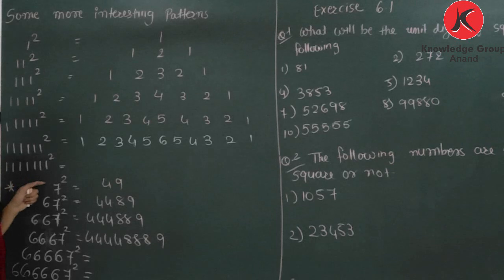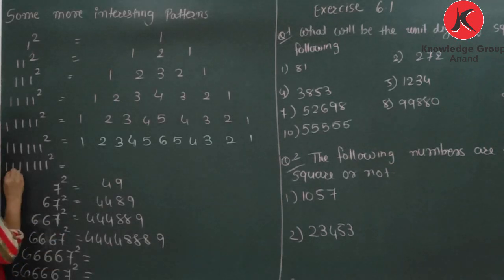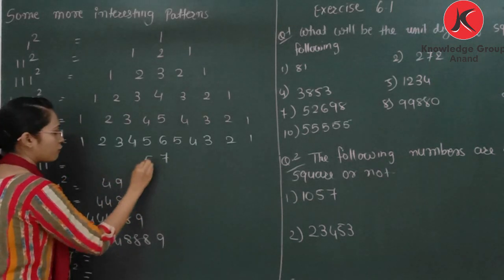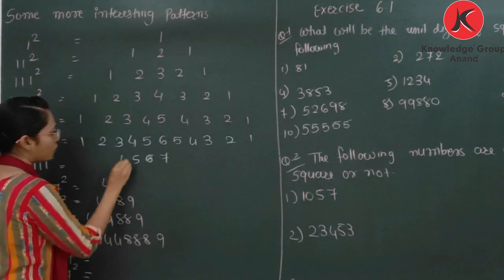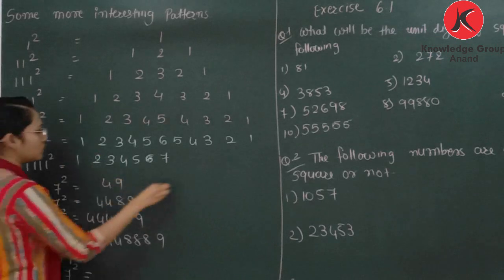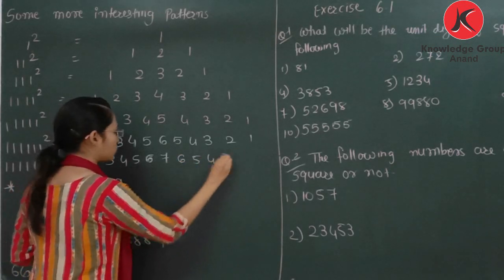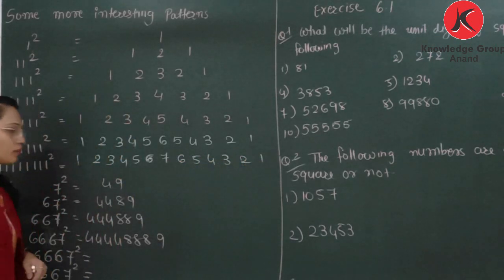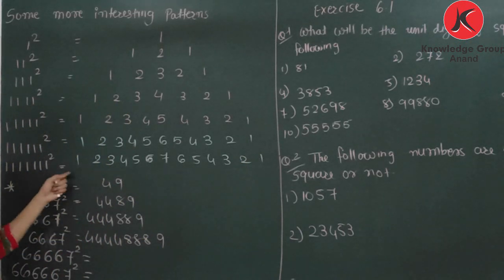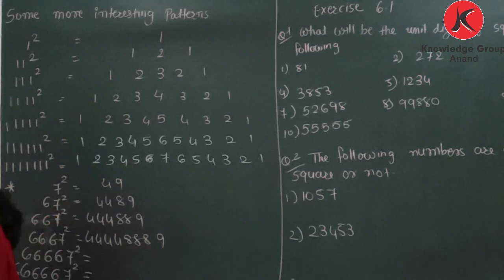Now again you need to count the number of 1s: 1 2 3 4 5 6 7. So it is 1 2 3 4 5 6 7 6 5 4 3 2 1. This way you can get the next step of the pattern.